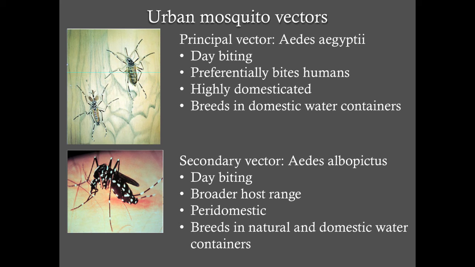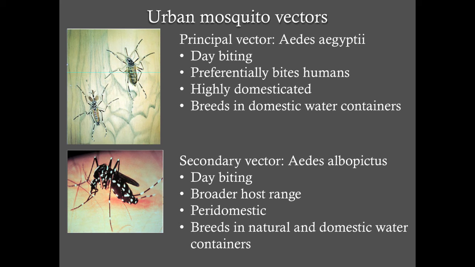The major vector for yellow fever and many of these other viruses is Aedes aegypti, which is highly domesticated. It lives preferentially with and in the houses of humans. It breeds in domestic water containers, and tiny little bits of standing water are enough for the mosquito to lay its eggs. The secondary vector, Aedes albopictus, can also transmit these viruses. It has a broader host range, so it doesn't mind feeding off other mammals besides humans, or birds.